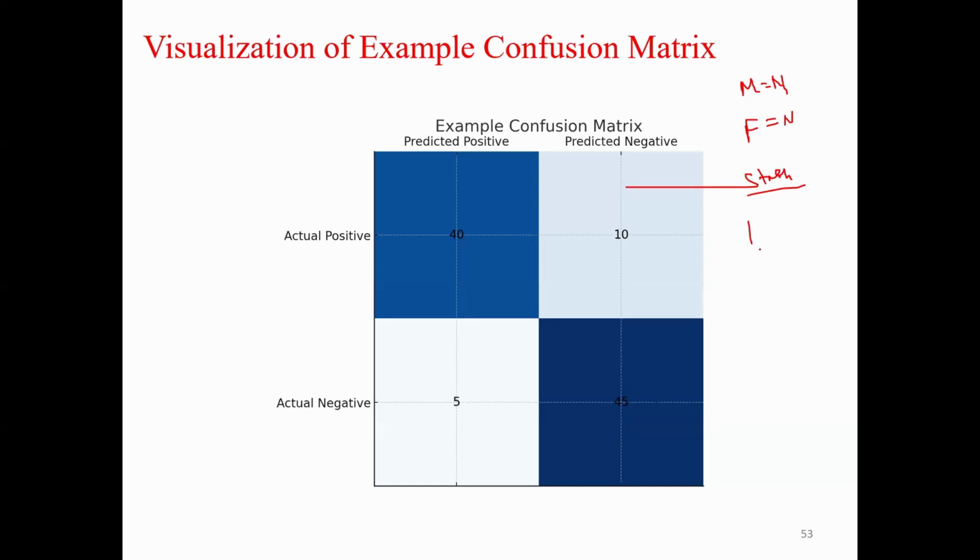This is my model. I give one male, one female, M1, F1. Then who will win, right? Given M2, F2, who will win? So equal number of males, equal number of females, then we can call it a balanced class.